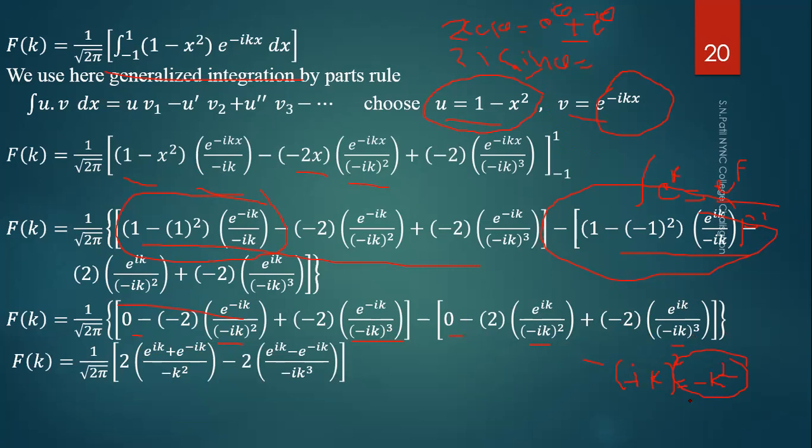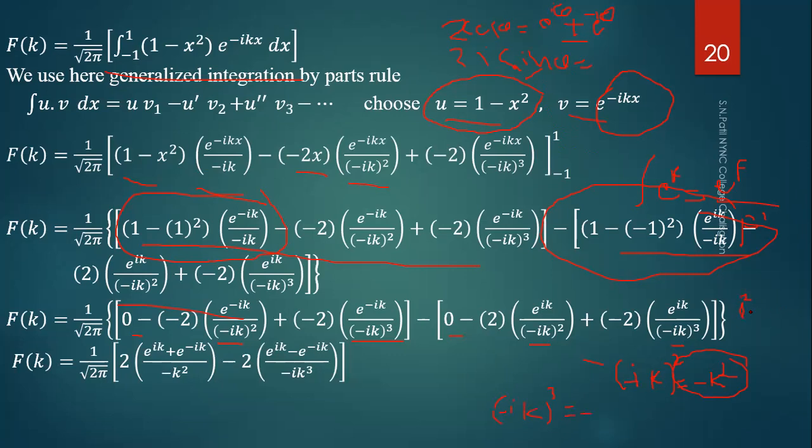Now simplify this. The simplification: minus i, k raised to 3. Minus i raised to 3 is equal to minus i cubed.